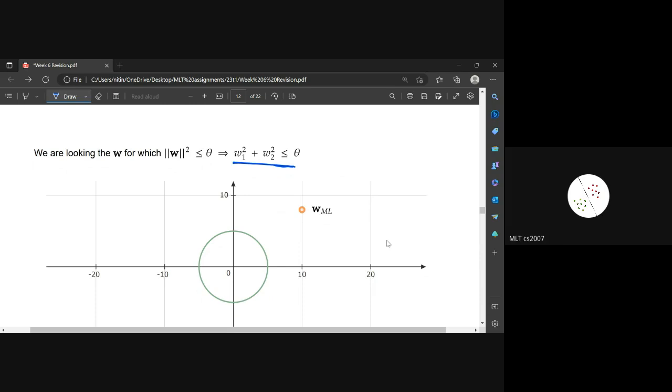So this is your W1, this is your W2. If you draw it, this is your circle centered around (0, 0). You want this to be less than theta, which means you are looking inside this circle. It's less than or equal to, so it would also include the edge, right? Yeah, you are also considering the edge as well.